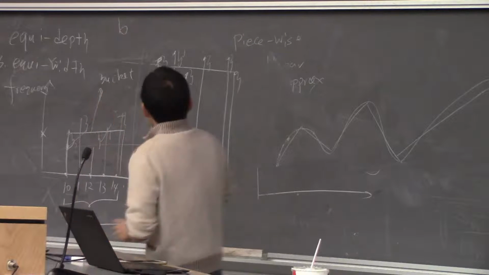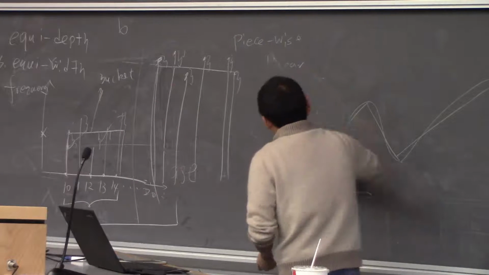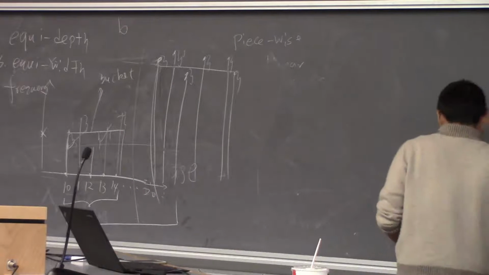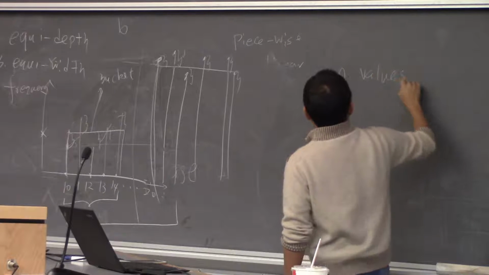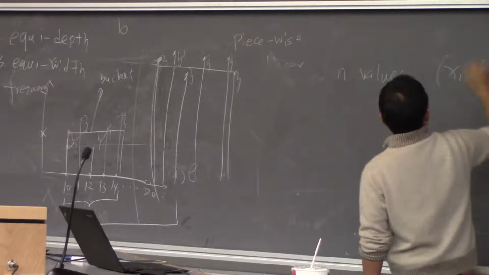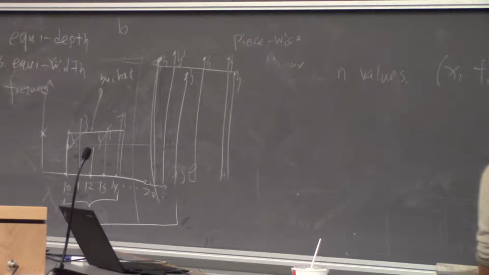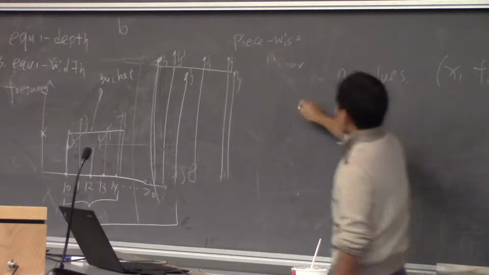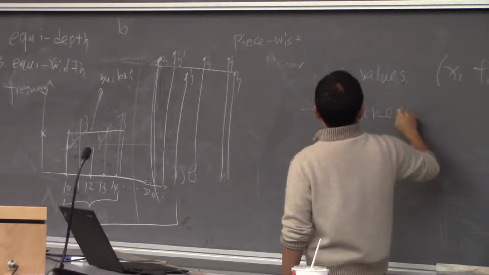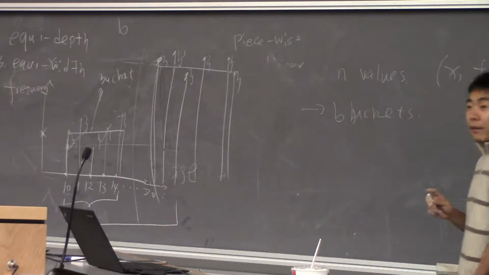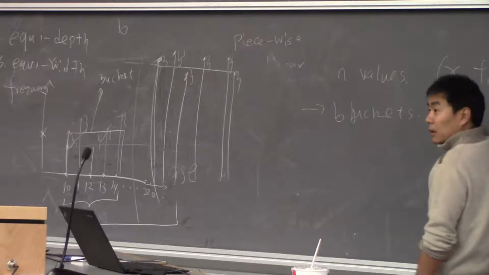Okay? So if I write the full thing, I can formulate this. Suppose I have n values. I want to approximate them using B buckets, where I define each bucket as follows.